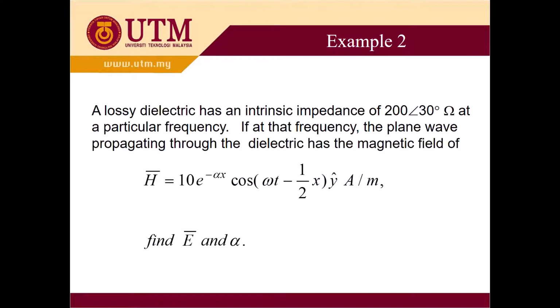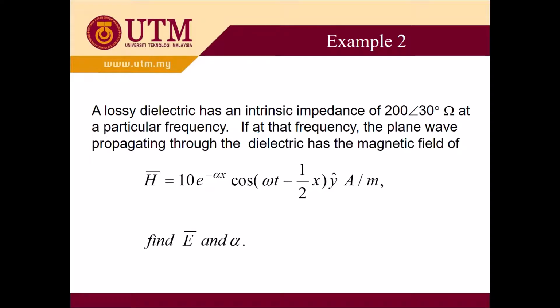So we see the example related to this part. A lossy dielectric has an intrinsic impedance of 200 ohm with a phase of 30 degrees at a particular frequency.